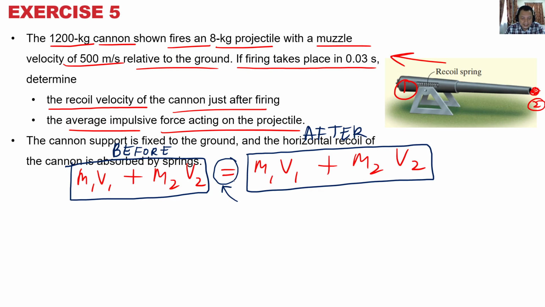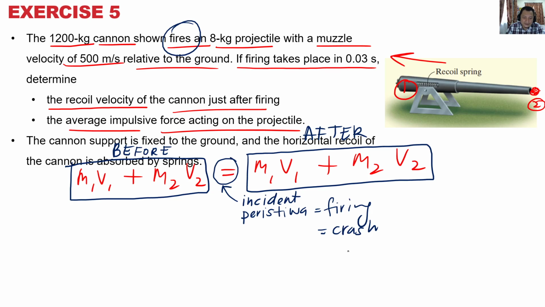Okay, this is incident, or event. This is what happened. What happened? What happened is firing. In this case, firing. Previous case it was crash. Okay, so this one we have to be clear. This is the incident.